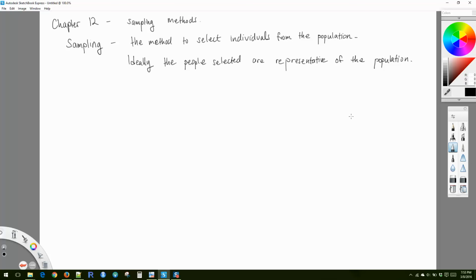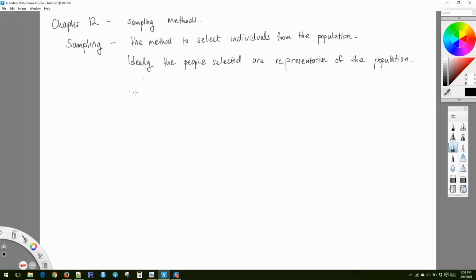We want the sample to represent the people in the population, and that way when we observe the sample and make conclusions about the population based on the sample, we can be confident about those conclusions, right?